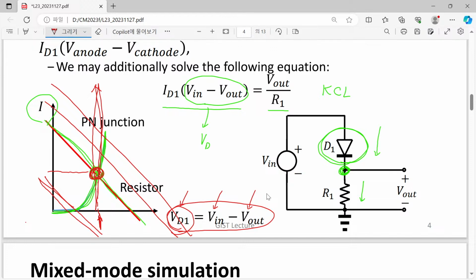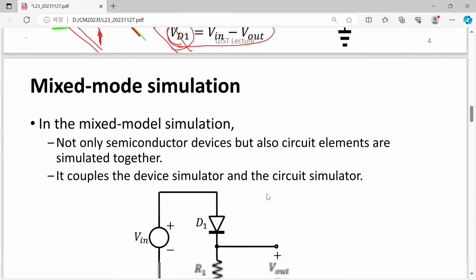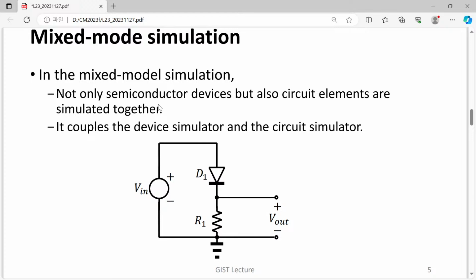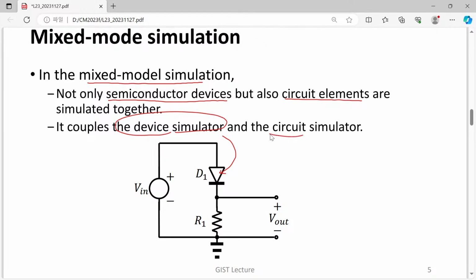So that was studied in the microelectronics course, but our main motivation is, instead of that, in this mixed mode simulation, we can consider not only semiconductor devices, but also circuit elements. So then it couples the device simulator, which considers the internal physics of this diode or later transistor, and the circuit simulator, which concerns the balancing of current at circuit nodes.